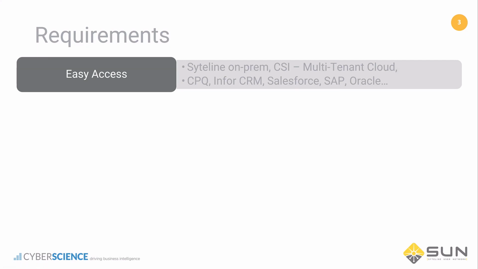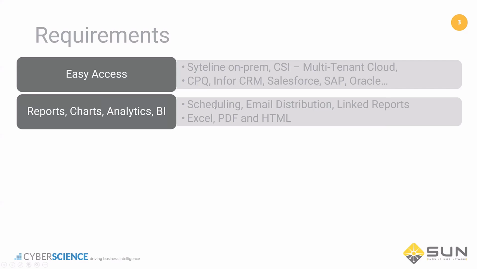You can also combine data from multiple sources. So if you want to combine data from CSI in the cloud with CPQ, Infor CRM, Salesforce, SAP, or Oracle, no problem at all. Same for SyteLine on-prem. Multiple databases, combining cloud and on-prem data is something very easily done within Cyberquery.